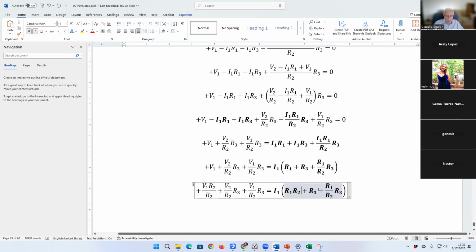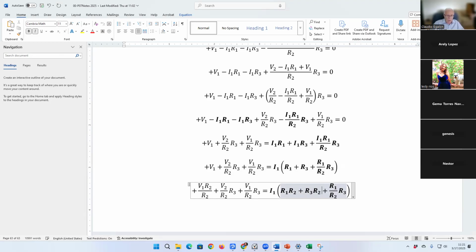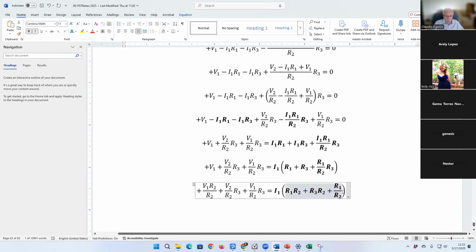R2, R2, everything. Let's see, I'm gonna put R3 here inside. Right, and now we can put everything under the same denominator. Like that.